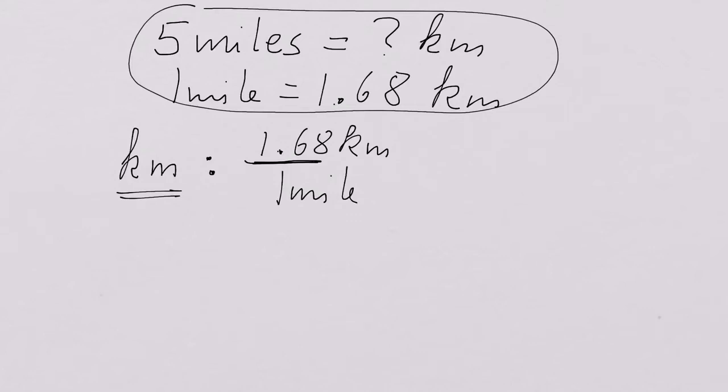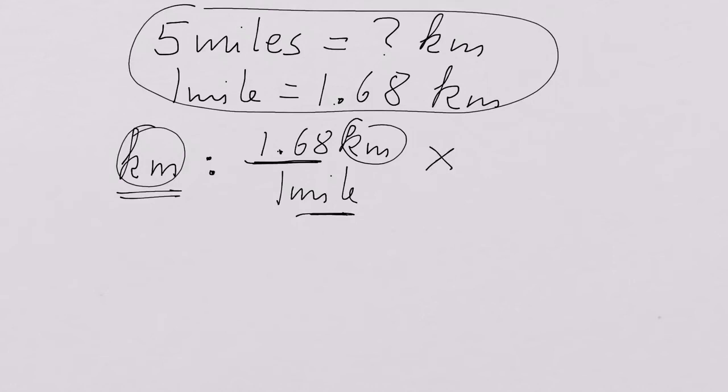So, what I now have is my unit that I'm looking for, the kilometers, in the right place. But Sod's law, I've got a mile underneath. So, how do we get rid of this unit down here?